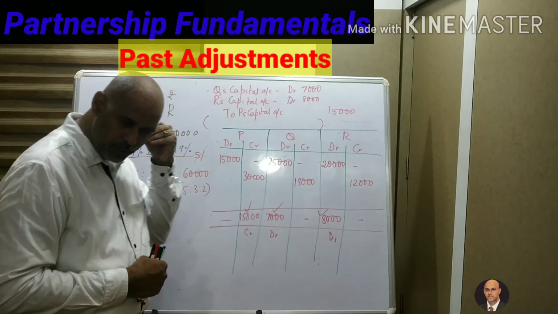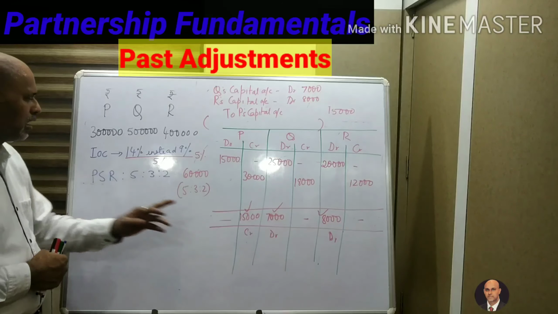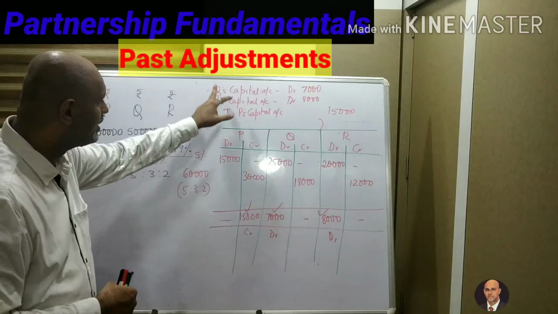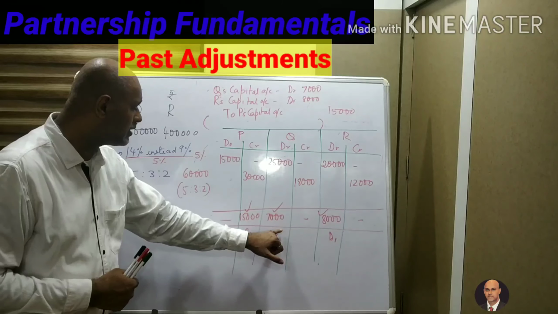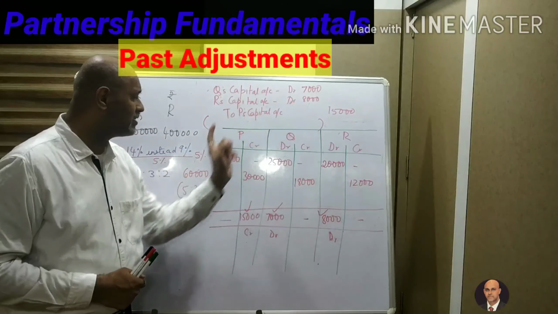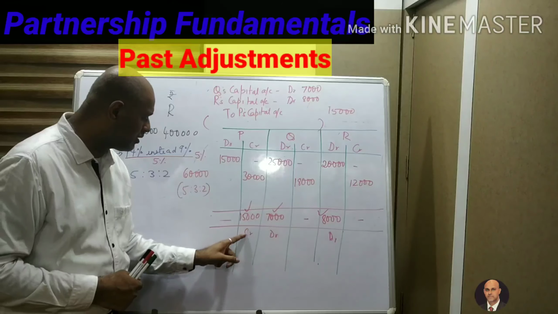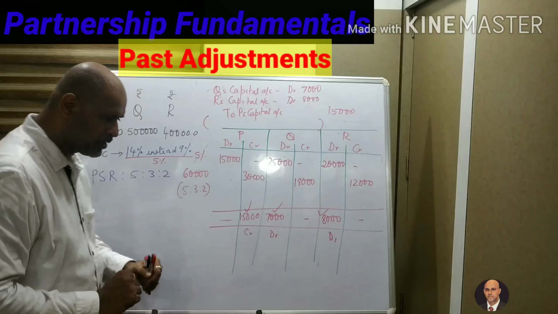So these debit and credit were put forward in the adjusting entry. So it's Q's capital account debit 7,000, R's capital account debit 8,000, to P's capital 15,000. Okay, I hope you've understood this concept properly.